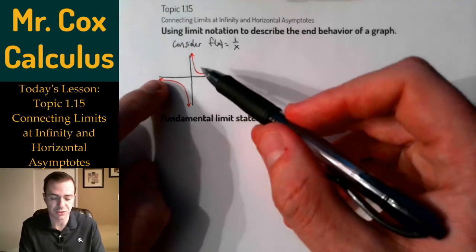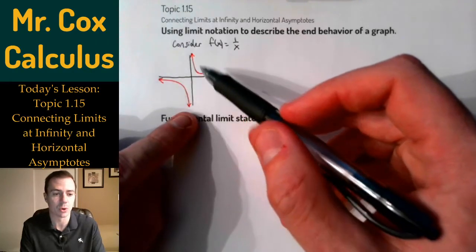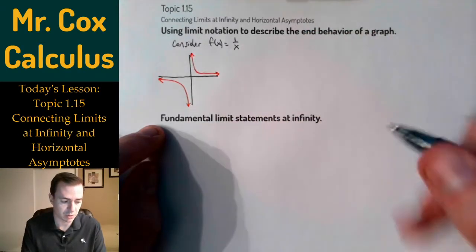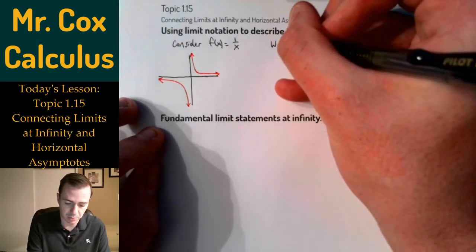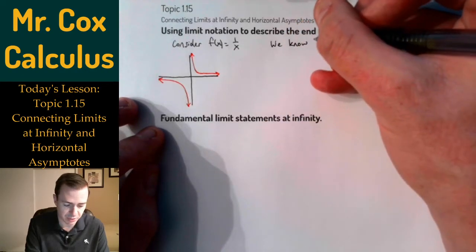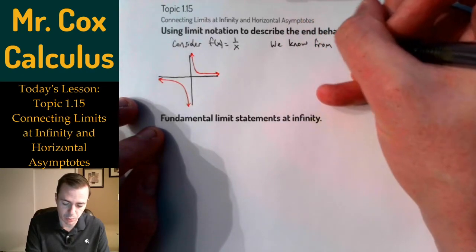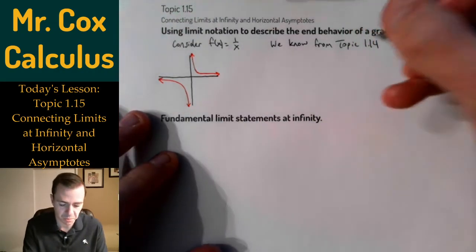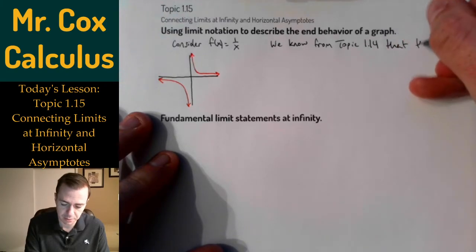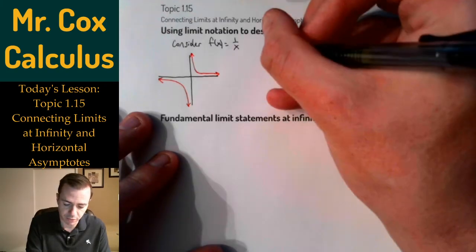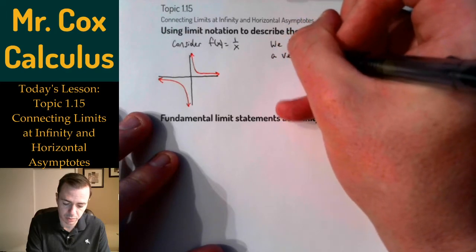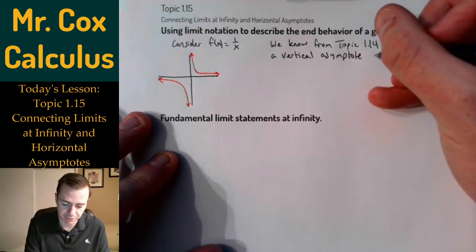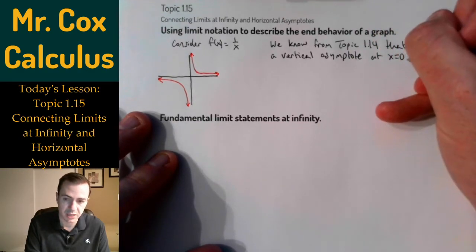And so I get something that looks like that. Well, what we focused on so far is the idea of as x is approaching 0, we could say from the left we're going to negative infinity, from the right we're going to positive infinity. But the bottom line, as we approach x equals 0, we know from topic 1.14 and other topics before that there is a vertical asymptote at the vertical line x equals 0.